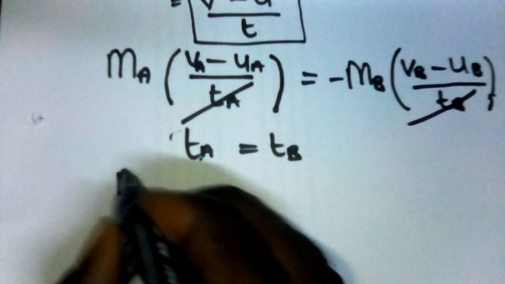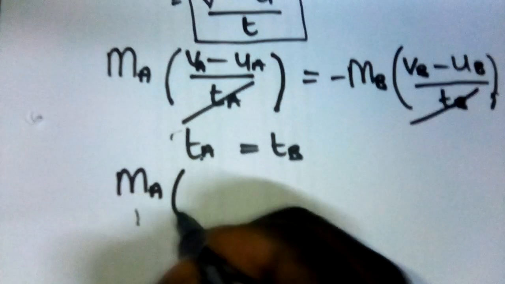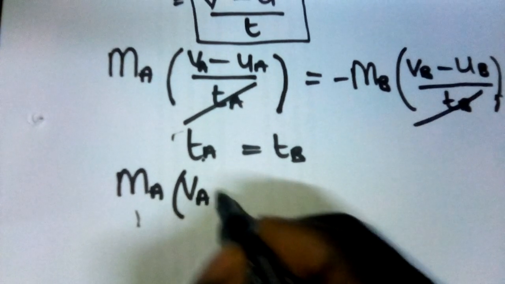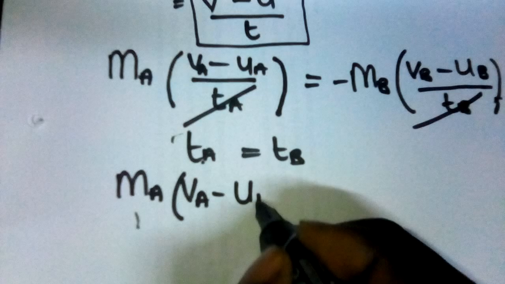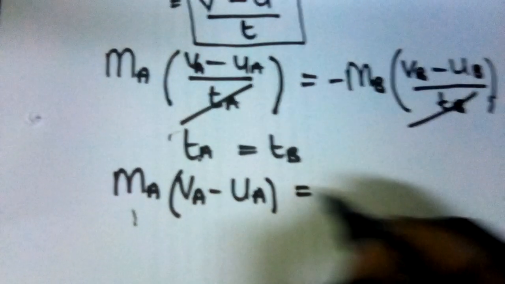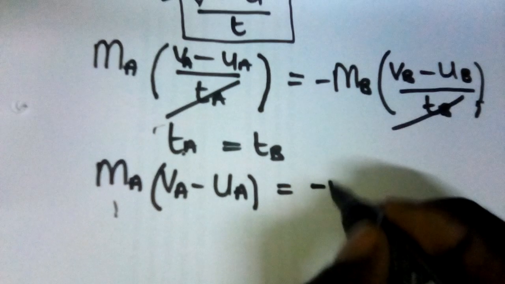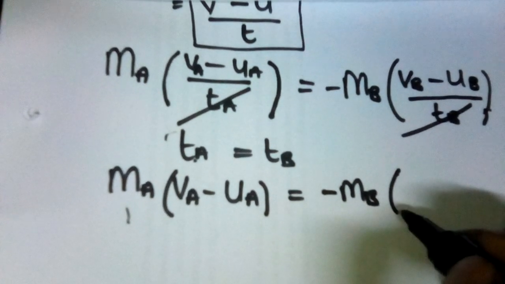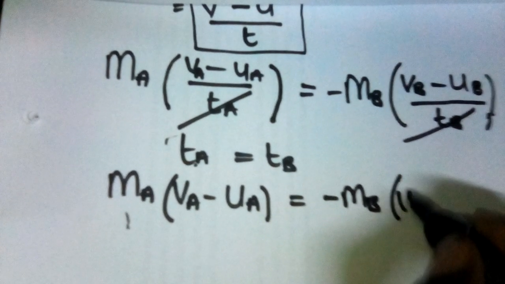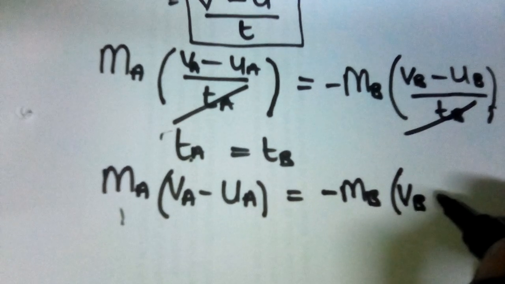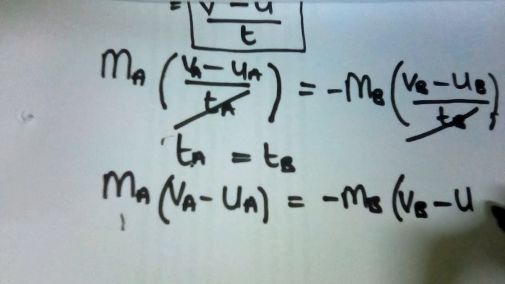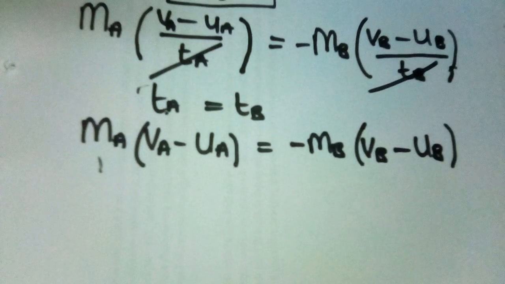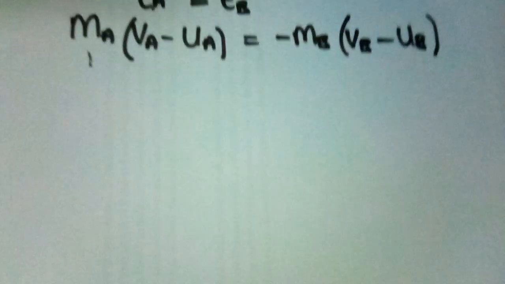We're going to have mass of A multiplying the final velocity of A minus the initial velocity of A, equal to the negative mass of B multiplying the final velocity of B minus the initial velocity of B. We can simply expand, nothing else.